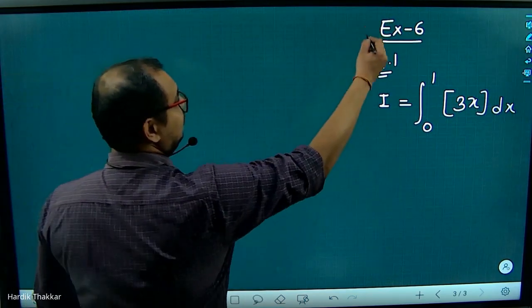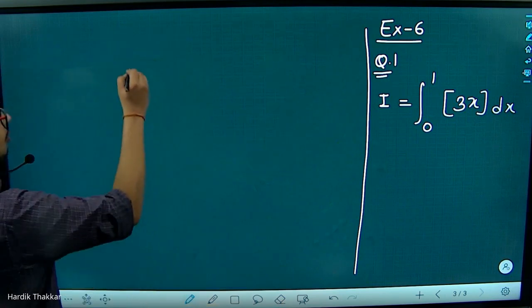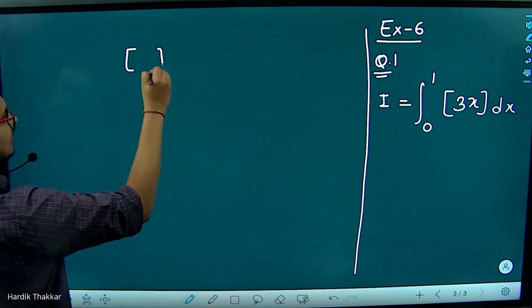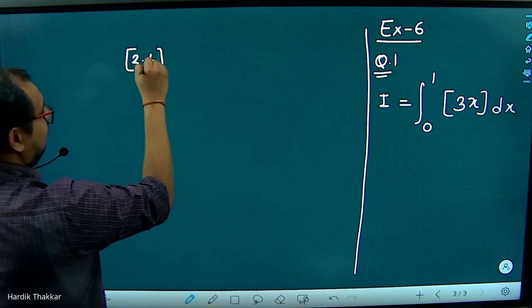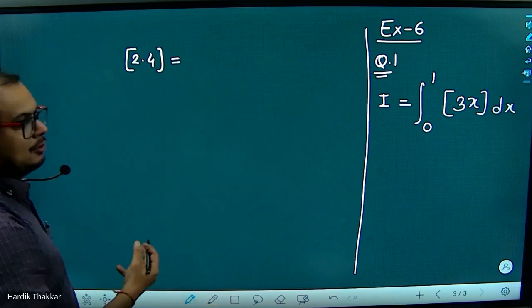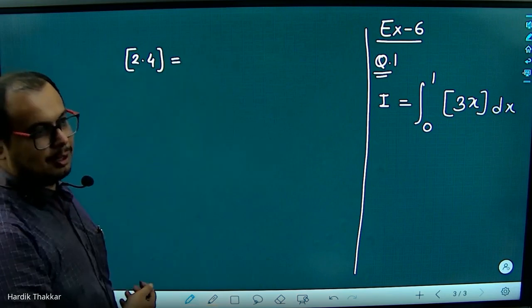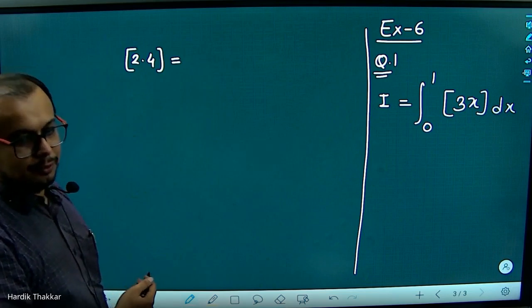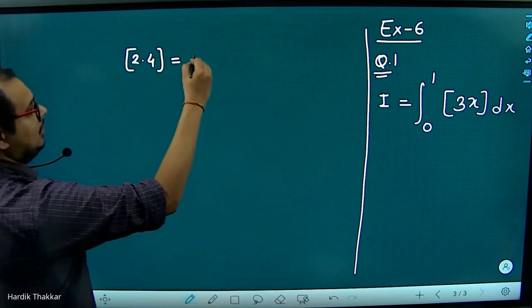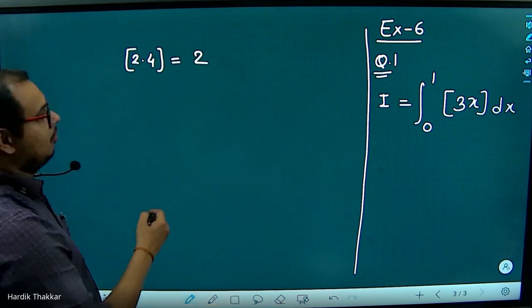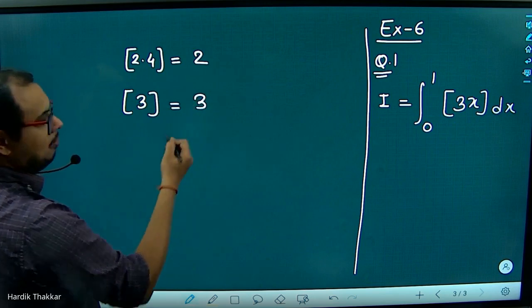The greatest integer function: whatever number is inside, like if we have 3.4, its value will be the integer just before this number, which is 3. If the number is itself an integer, its value is the same, for example greatest integer 3 is 3. For greatest integer 3.99, its value will be 3.